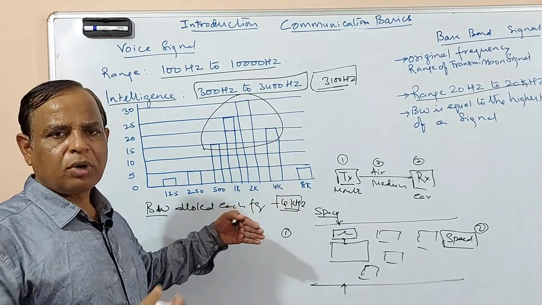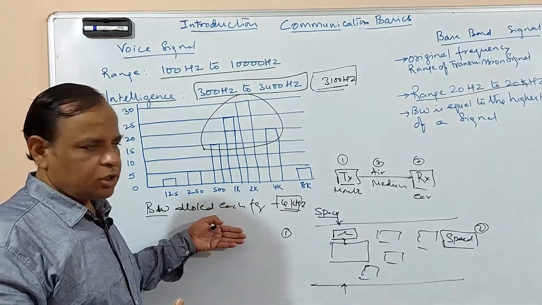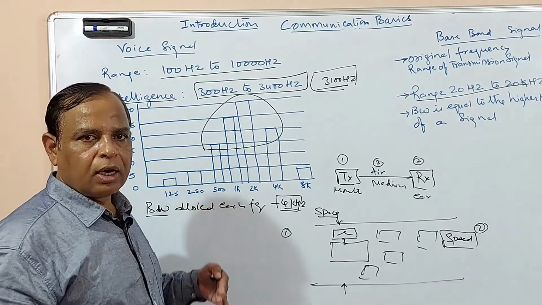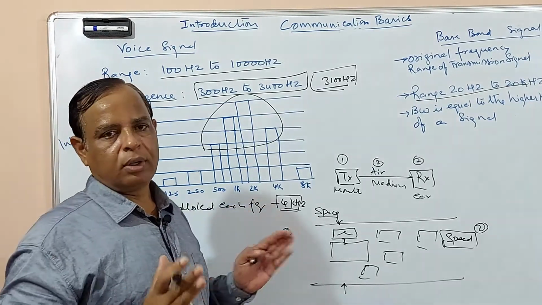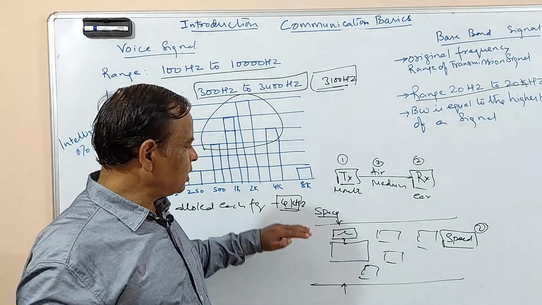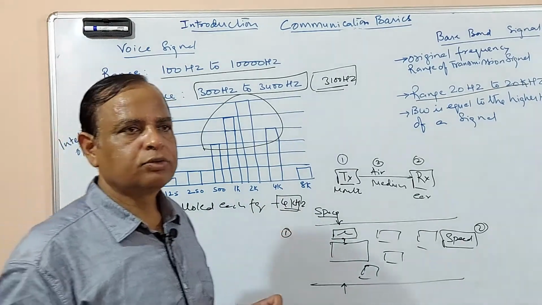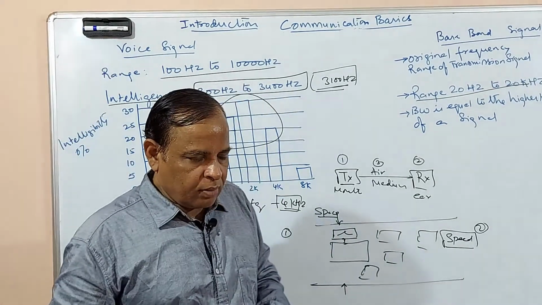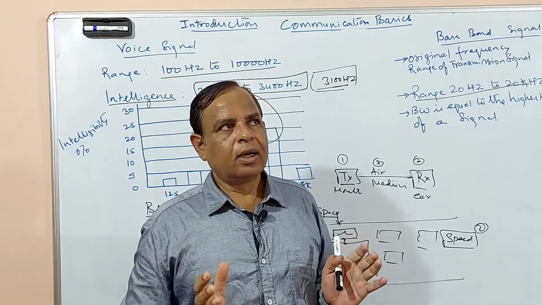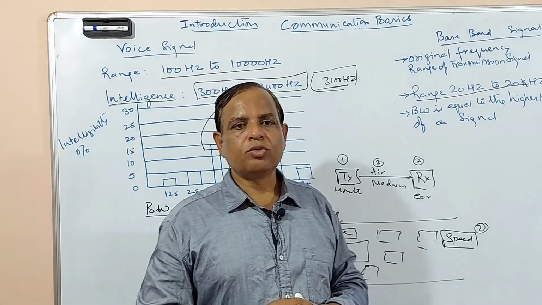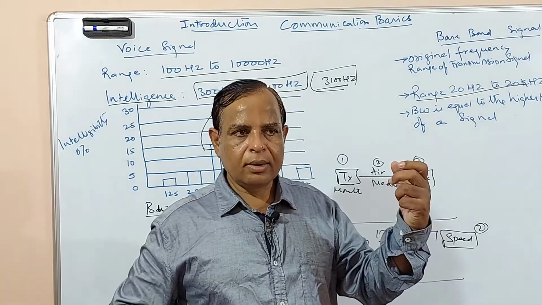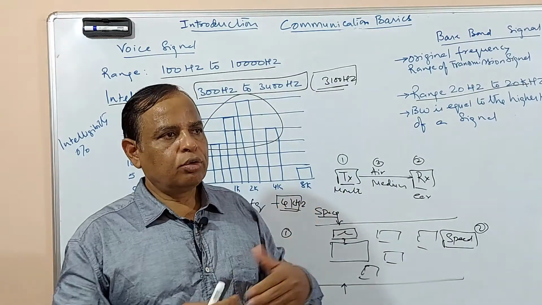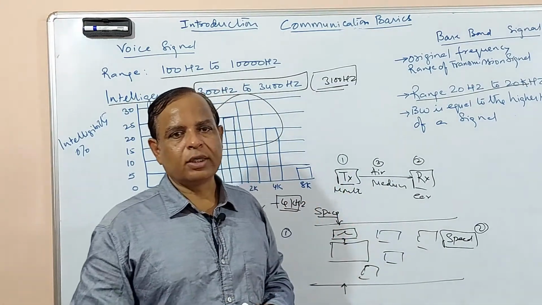So this is a very small logic about the voice frequency, how it is being transmitted in telephone communication. In telephone communication, the allotment of a voice signal is 4 kilohertz. See, especially in the olden days, when you listened to somebody's voice on the telephone instrument, you didn't straight away recognize his voice.